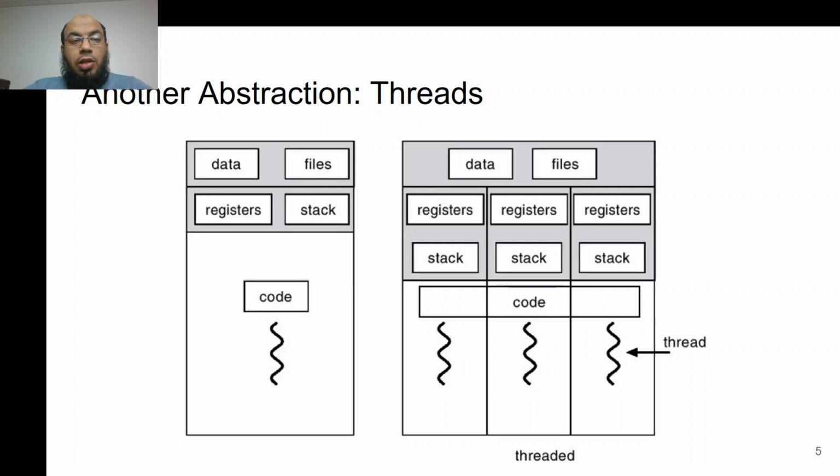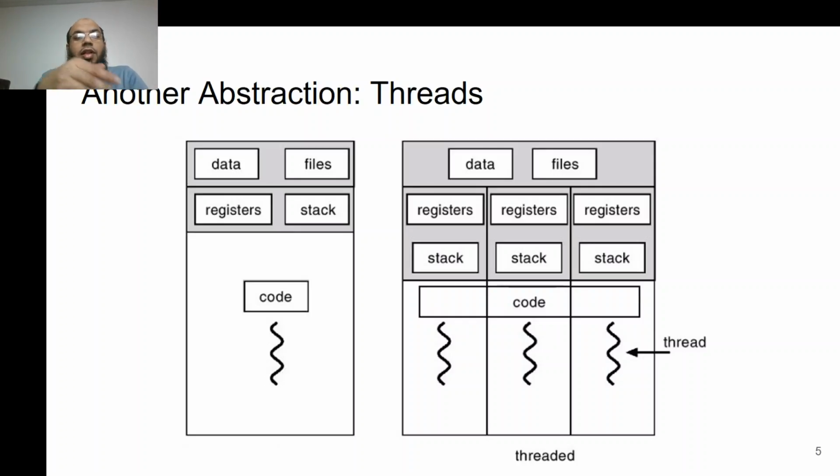You have multiple threads instead of just one process. What does this mean? We saw how a parent process can create a child process. Someone thought that maybe we just need yet another level of abstraction, where a process itself is not just a single line of operations that happens sequentially.